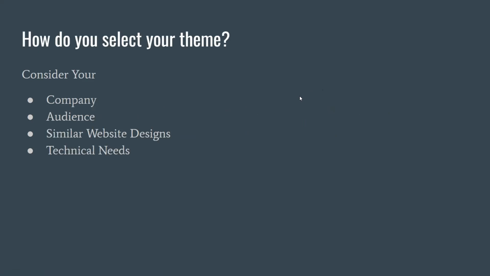So, moving on, how do you select your theme? I guess at first I should define what a theme is. It's kind of self-explanatory. It's what kind of colors, fonts, components, basically what your website is made of and how we keep it cohesive looking.